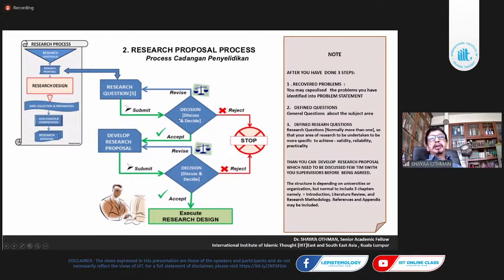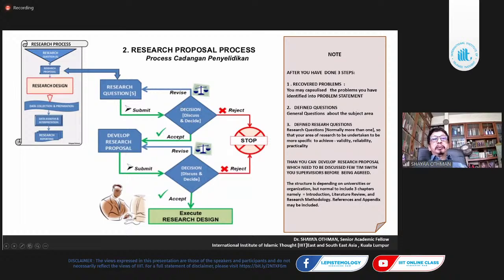If you have to revise it, you have to discuss with your supervisors, even in your PhD. Sometimes you need 2 or 3, or even 4 times discussion to redefine this. Supervisors may help you to refine your research question.